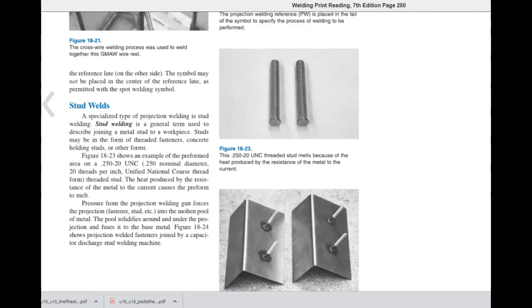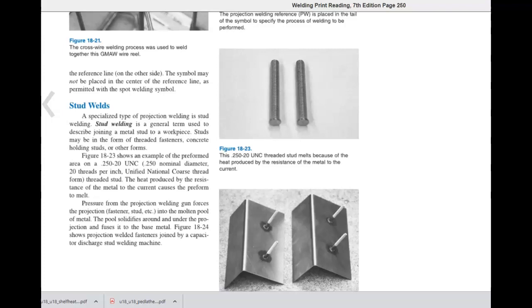Figure 18-23 shows an example of the preformed area on a .250-20 UNC, or quarter-inch nominal diameter, 20 threads per inch, Unified National Coarse thread form, threaded stud.